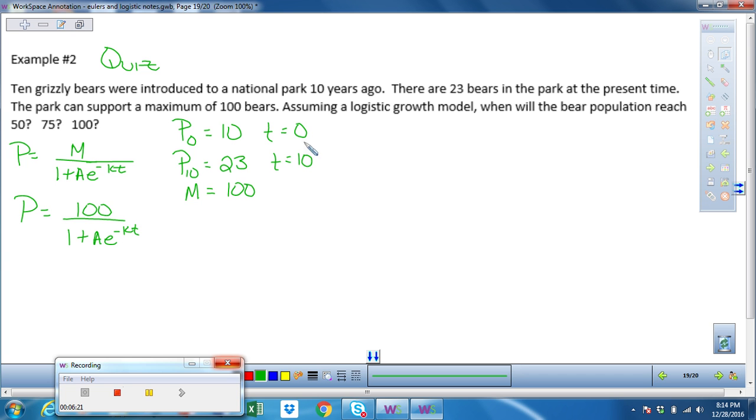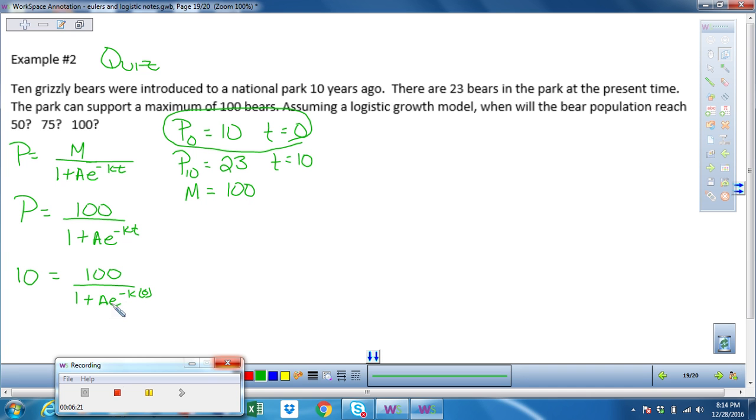So we're going to take this first bit of information, the initial population, to actually find A. So initially there were 10 bears introduced, and this is 100 over 1 plus A e to the negative k times 0.